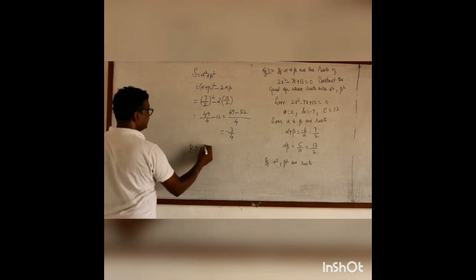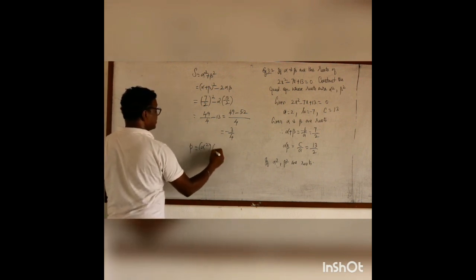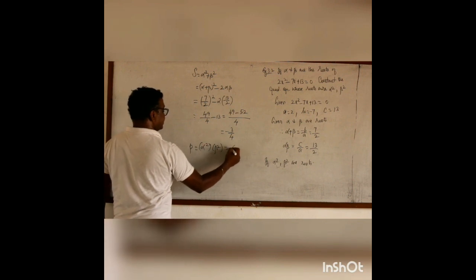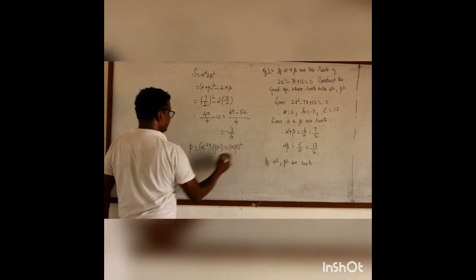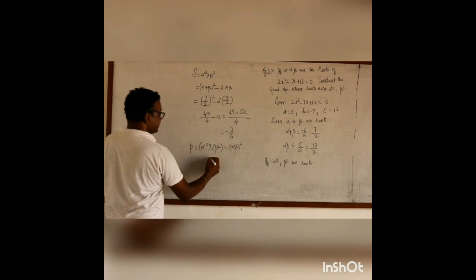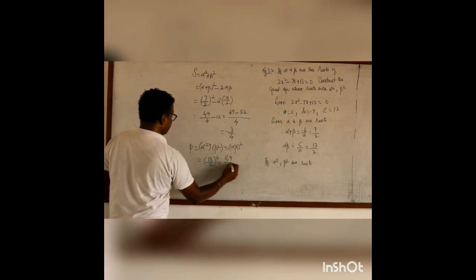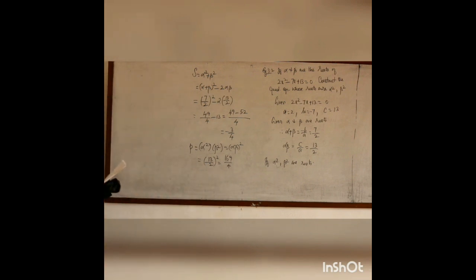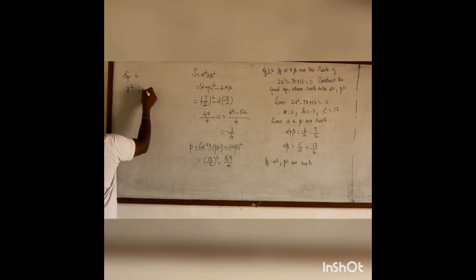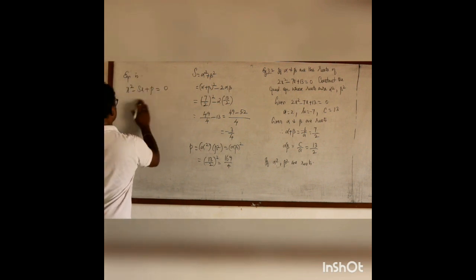Product is alpha square into beta square. It is alpha beta the whole square. Alpha beta is 13 by 2 the whole square, which is 169 by 4. Therefore, the equation is x square minus sx plus p equal to 0.